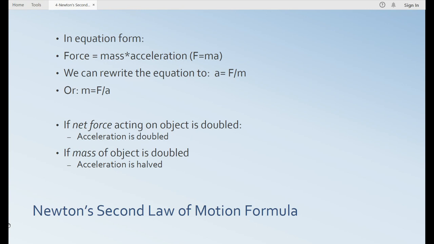Or we can say our mass is our force divided by our acceleration. Basically all this tells us is that if we double the net force, our acceleration is going to double. And if we double the mass, our acceleration is going to be half.